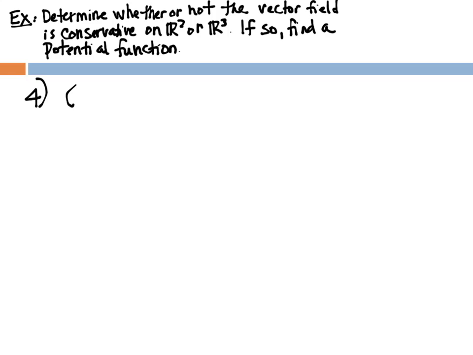All right, so the vector field we're going to be working with is (x minus 2xy) i plus (y squared minus x squared) j.